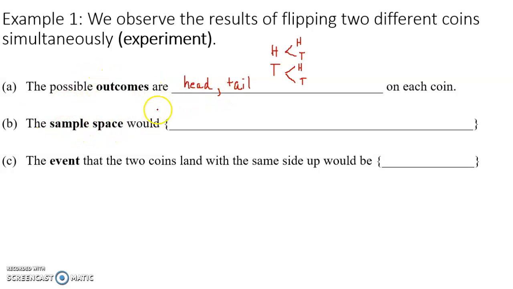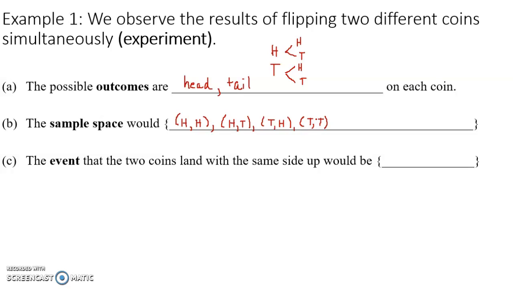So that would be head, head, head, tail, tail, head, and finally tail, tail. So that is our sample space. There's a total of 4 possible outcomes in our sample space.